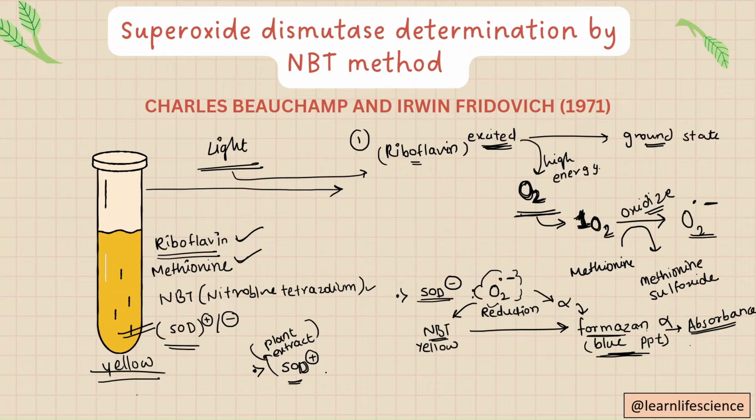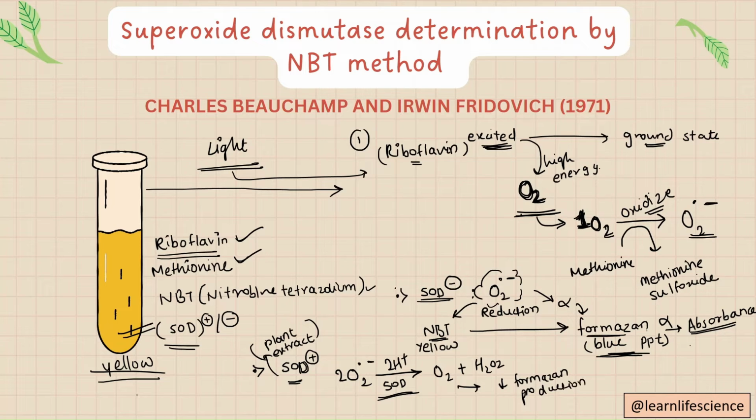Okay, so if superoxide dismutase is present in the solution, it is going to target the superoxide radicals and simply convert them into oxygen molecule as well as hydrogen peroxide by the same reaction. So the radicals generated are simply going to get reduced by the enzymes, and this will result in low formazan production.